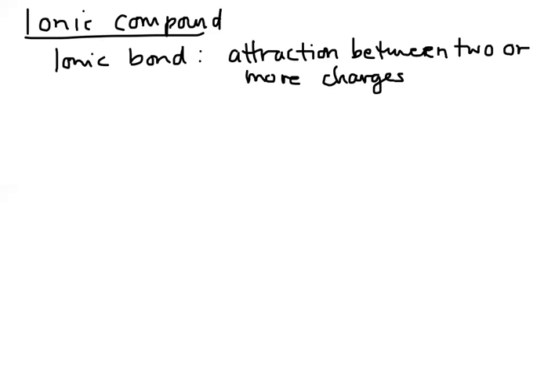This means that one has lost electrons and one has gained electrons, and because they've already lost and gained electrons, they're going to be attracted to each other because opposite charges attract and stick together, okay? That is an ionic bond, which means that an ionic compound will have a cation plus an anion. That is the general formula of an ionic compound.